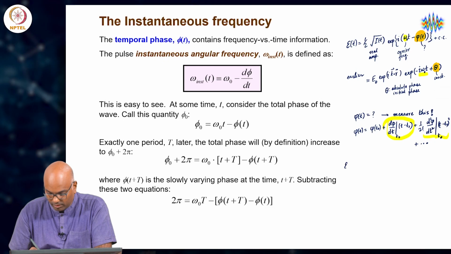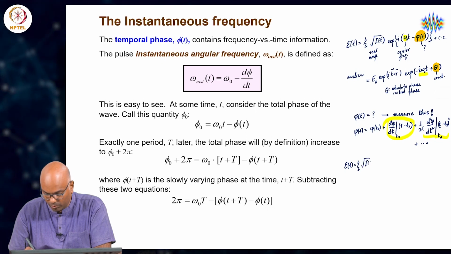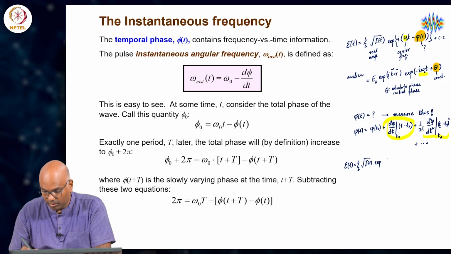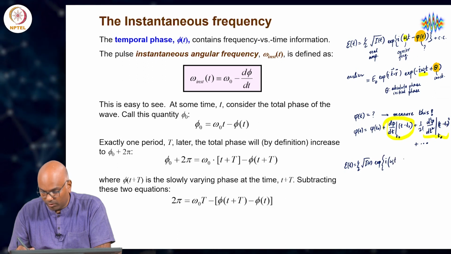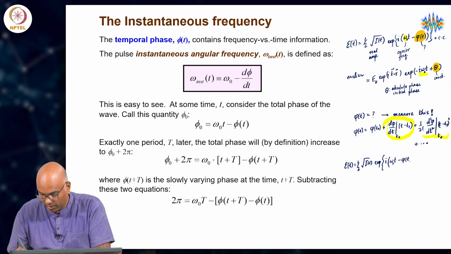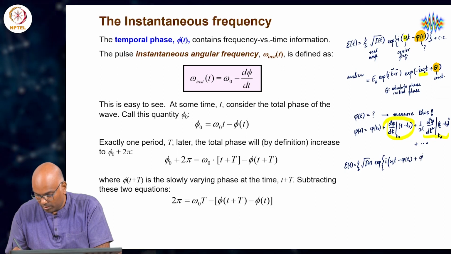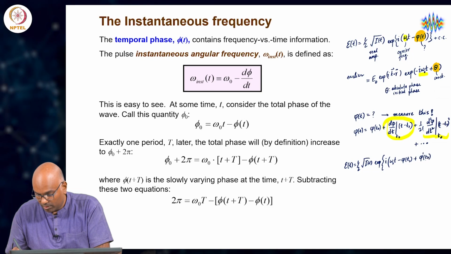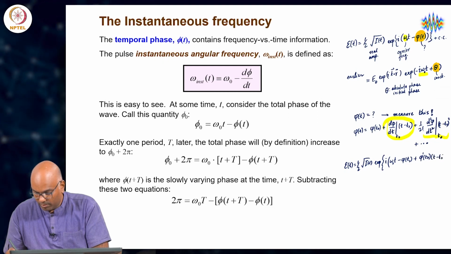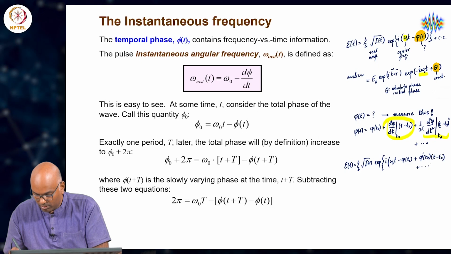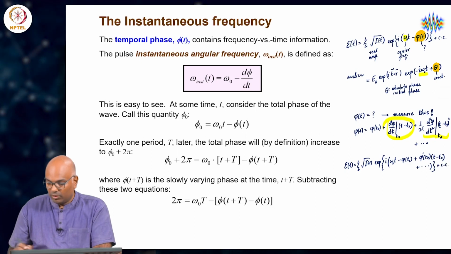If I now consider the description of E of t up to this point, it is the square root of I of t exponent of i omega naught t minus phi at t naught, some chosen time, plus phi prime at t naught, prime denoting the derivative with respect to time, and t minus t naught plus higher order terms that closes my phase function, and the complex conjugate.